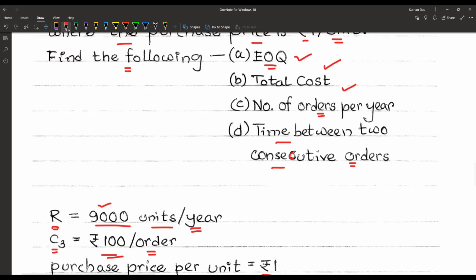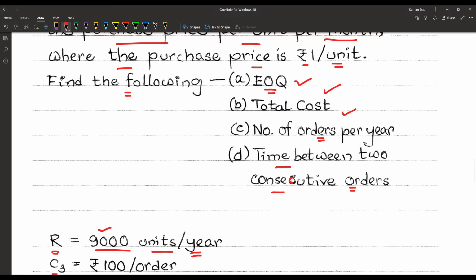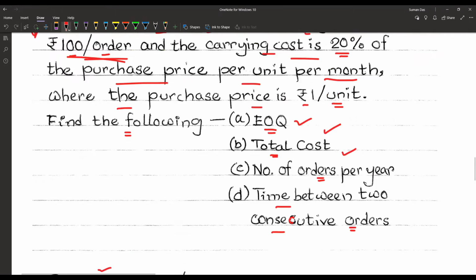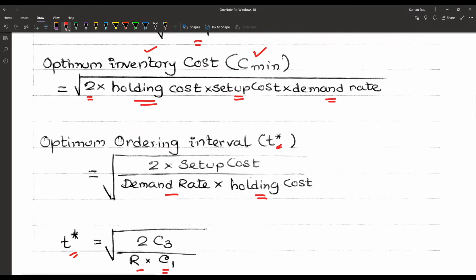Then we have to find the second part, that is our total cost. The formula for the total cost is square root of 2 C1 C3 R plus C into R. Once again, the optimum inventory cost, C min, is square root of 2 into holding cost into setup cost into the demand rate.